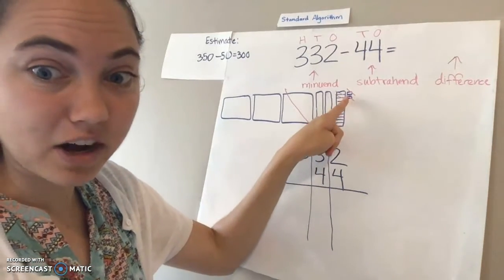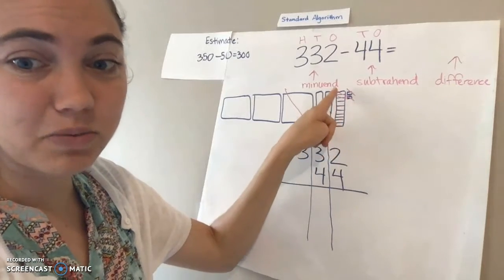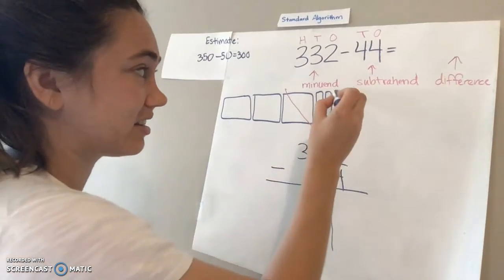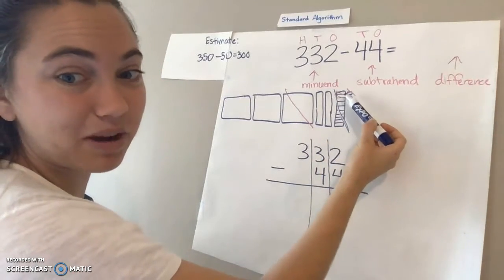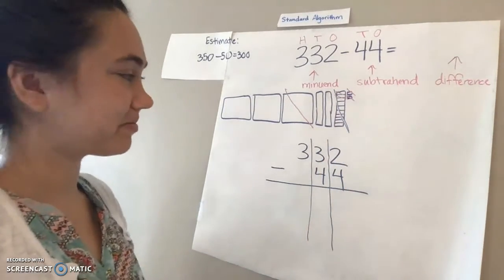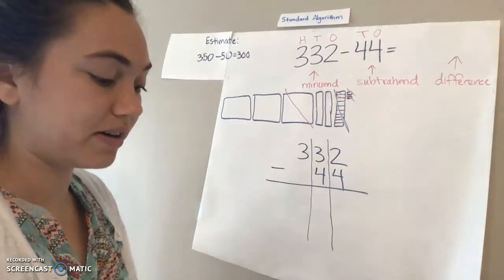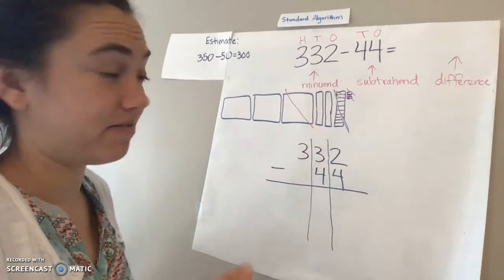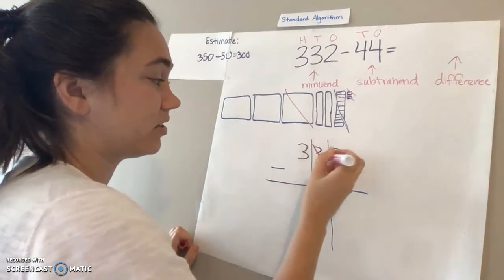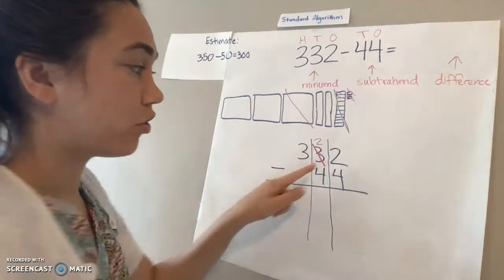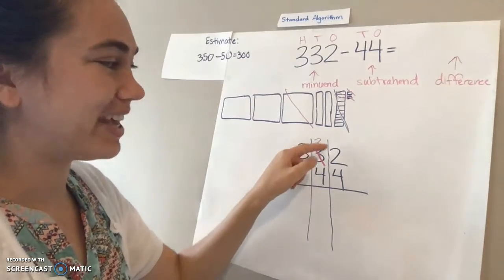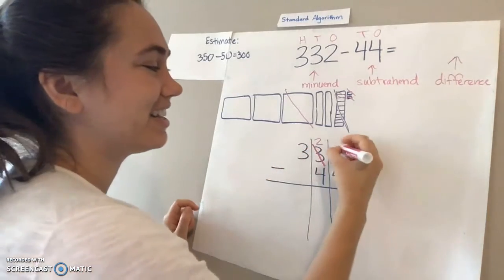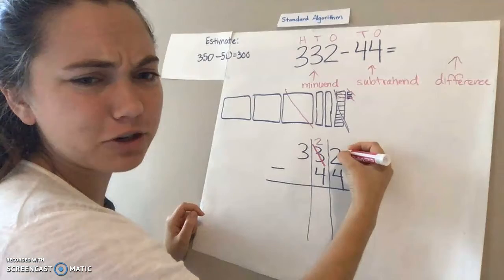Just like we did up here, we didn't have enough ones, so we had to cross out the tens, and then we were able to break it up into ones. So let's go next door and cross out a 10, so that now we only have 2 tens, but now we broke up that 10, so we can add 10 more over here. So instead of 2, what's 2 plus 10?